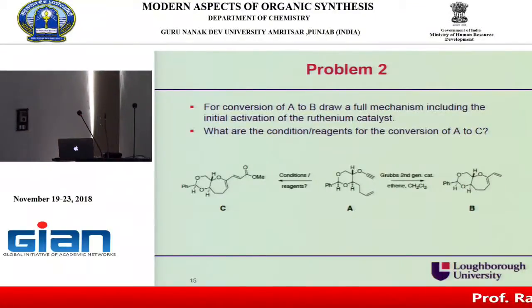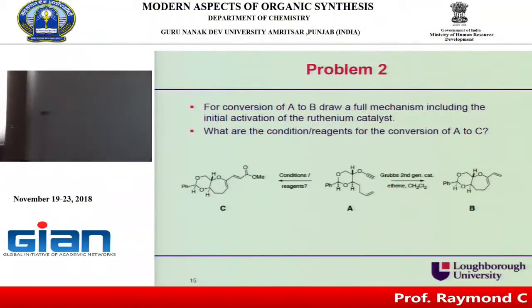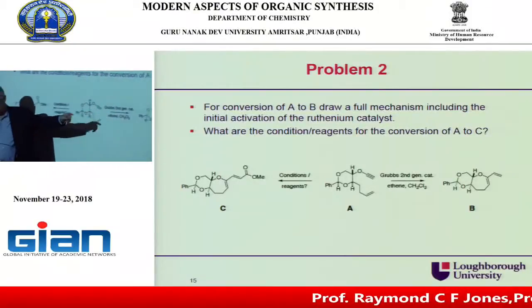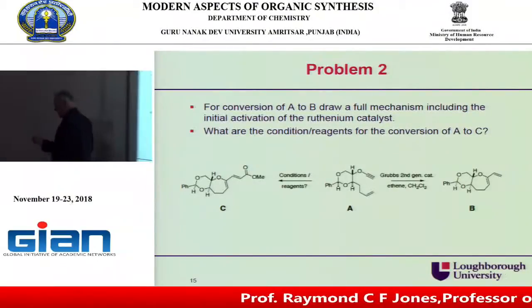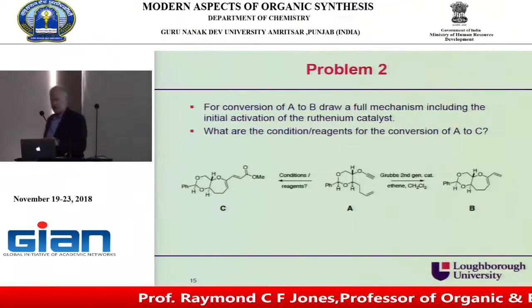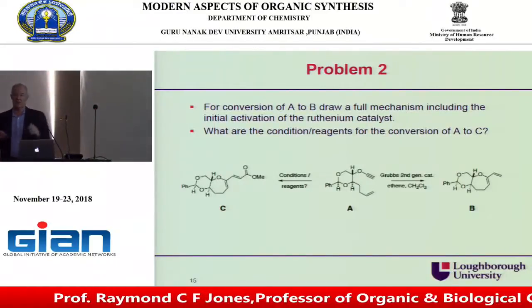So for the Grubbs catalyst, I would just draw ruthenium, the ruthenium carbene. Don't worry about the other ligands that are there.